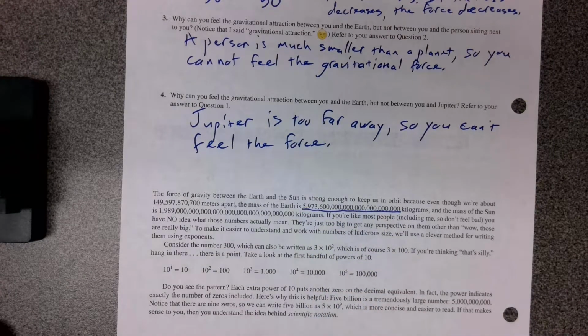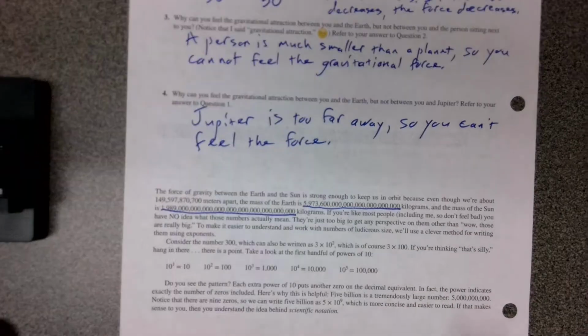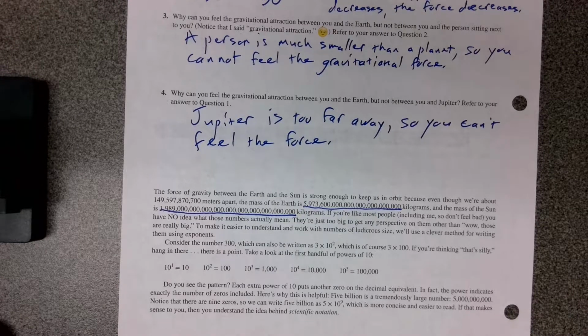That is an extremely long number. And the mass of the Sun is, now this is even longer. If you're like most people, including me, so don't feel bad, you have no idea what those numbers actually mean. They're just too big to get any perspective on them other than, wow, those are really big.